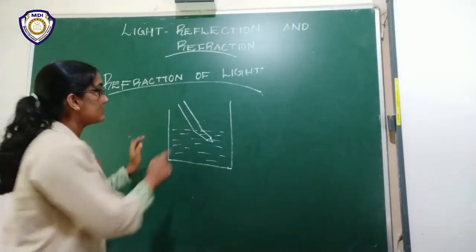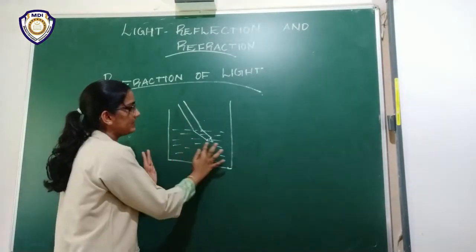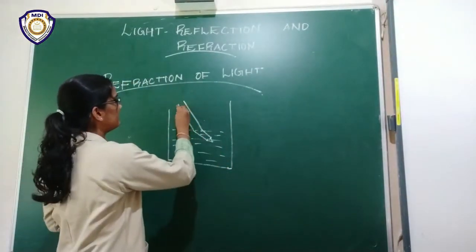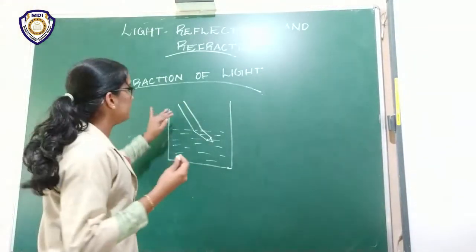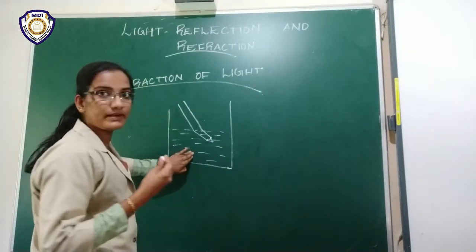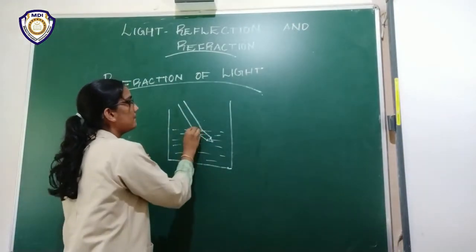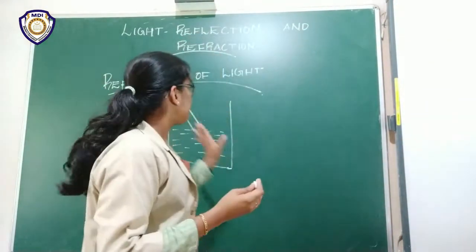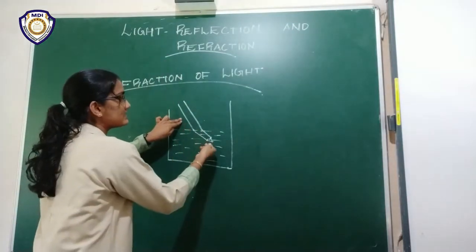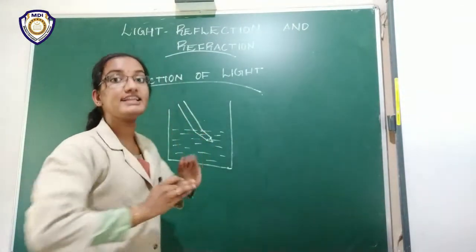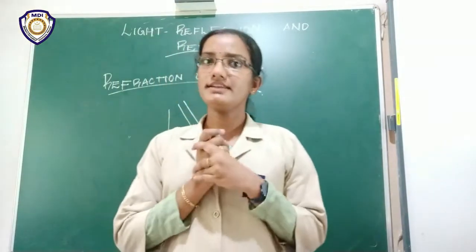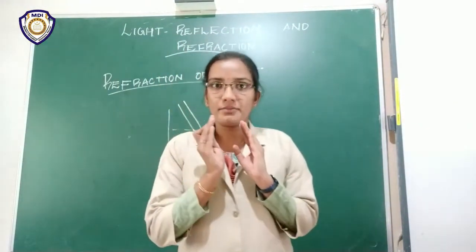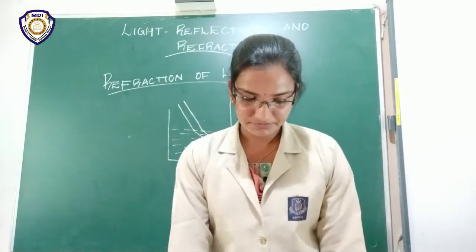Here the medium is air and here the medium is water. So the light travels from air to water, and there is a bending of light. That's why we can see the pencil is displaced at the interface. That is the phenomenon of refraction.